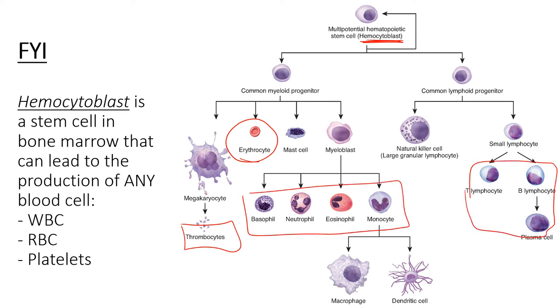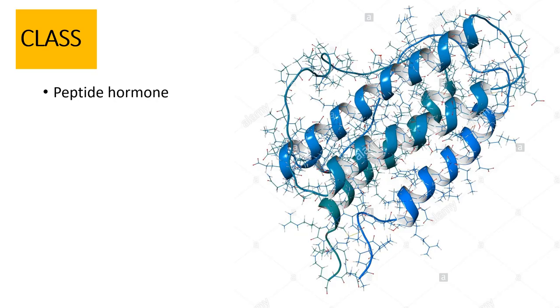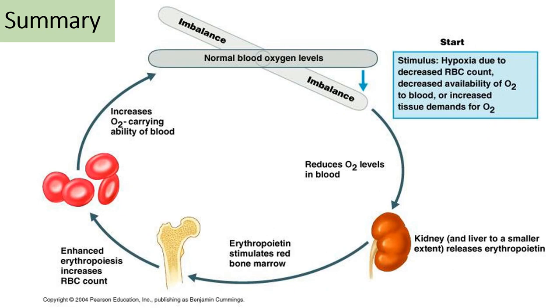And there's your other white blood cells down here, but it could also form that red blood cell. This is a peptide hormone. So it's made of more than one amino acid, but fewer than like 1,000 amino acids. So it's somewhere in between. It's that peptide hormone.